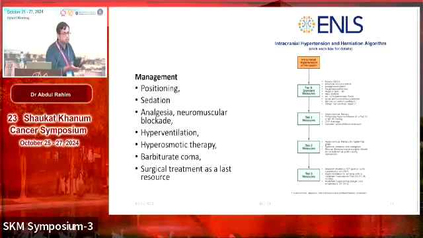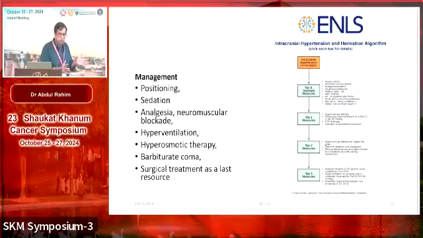We do not put the patient directly flat, unless indicated; we place them at 30 degrees, 45 degrees for adequate venous drainage. Adequate sedation, adequate analgesia, so that nothing causes an exaggeration of their intracranial pressure. If needed, the patient is intubated; not just adequate analgesia, but adequate neuromuscular blockade is also required.